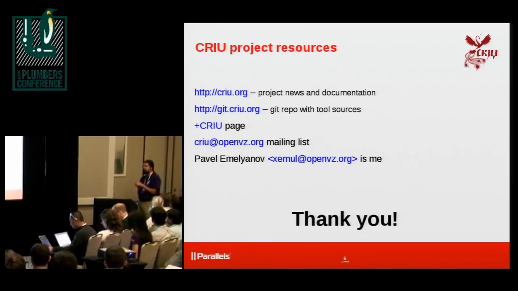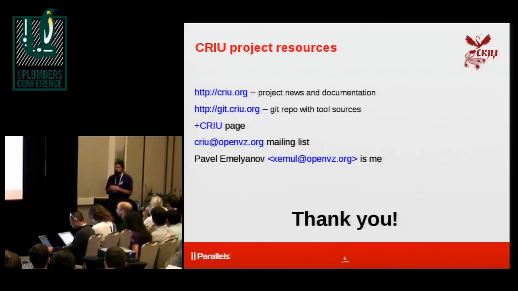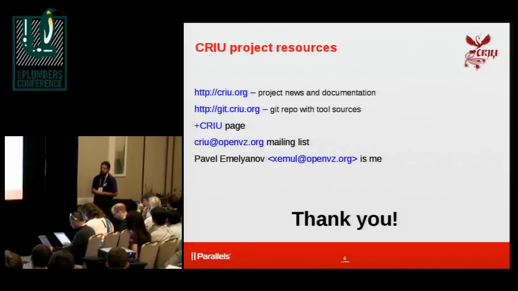CRIU currently supports namespaces, which means when you provide the PID of a process tree you want to dump, it will check whether this process lives in any set of namespaces and will start dumping them as well. So since both LXC and OpenVZ, vzctl, create a plain set of namespaces for a container, CRIU can be used to dump and, of course, restore containers.